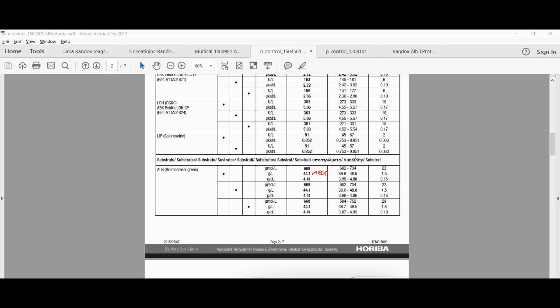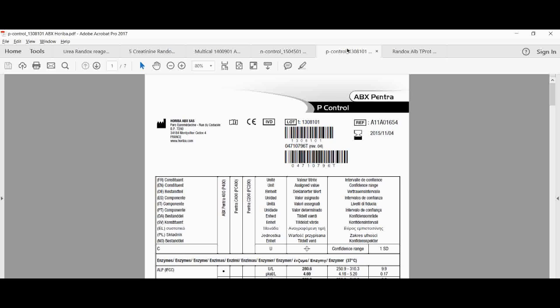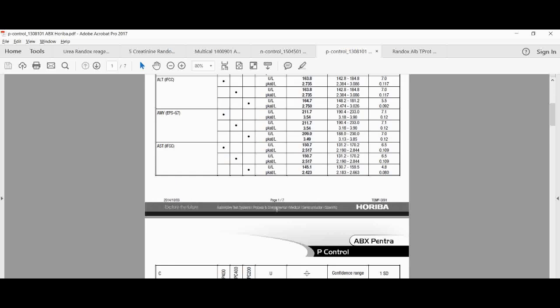Okay, so that is the in control, and if you go to P control, same thing: lot number, expiry date, reference number, and the various tests.